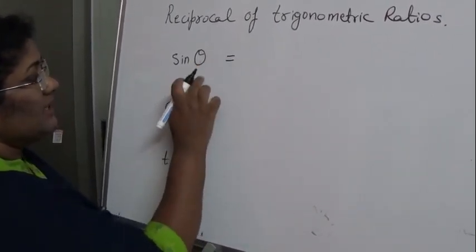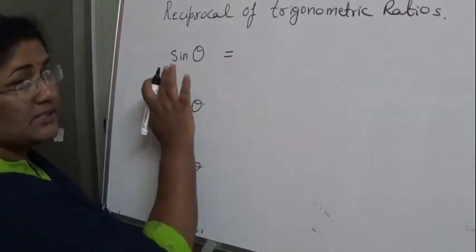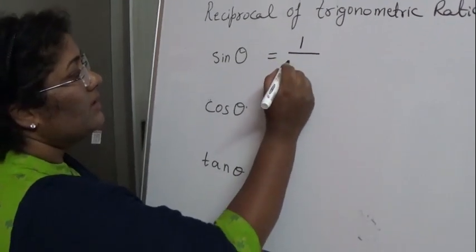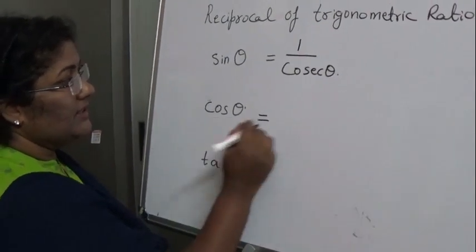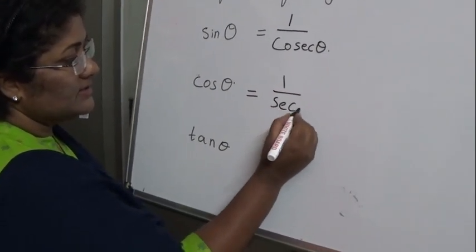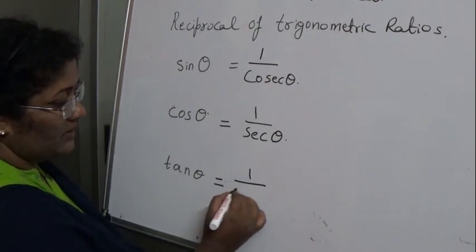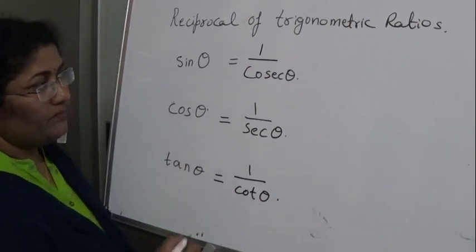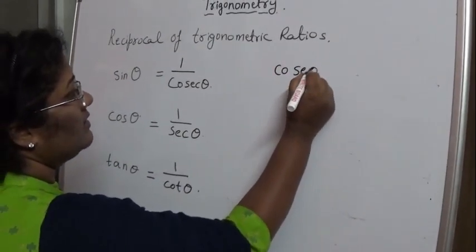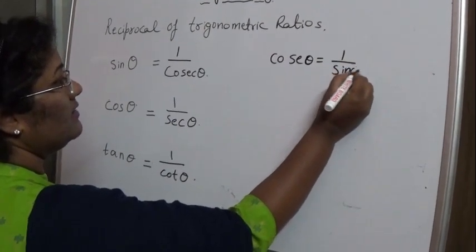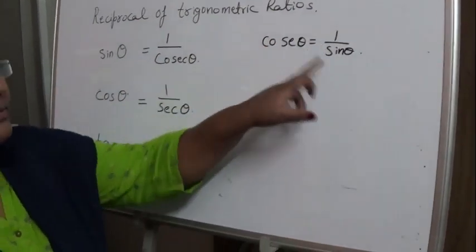Sin theta is equal to 1 by cosec theta, cos theta is 1 by sec theta, and tan theta is equal to 1 by cot theta. Also, cosec theta is 1 by sin theta.